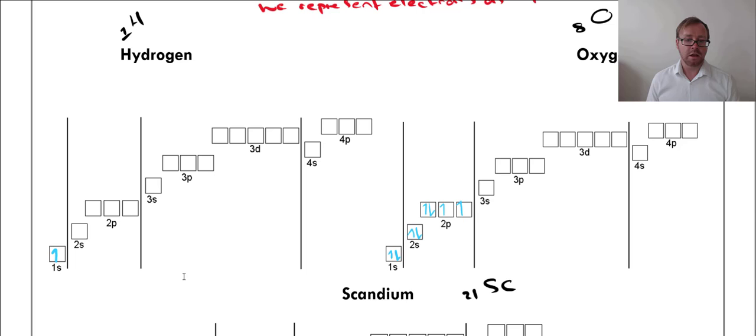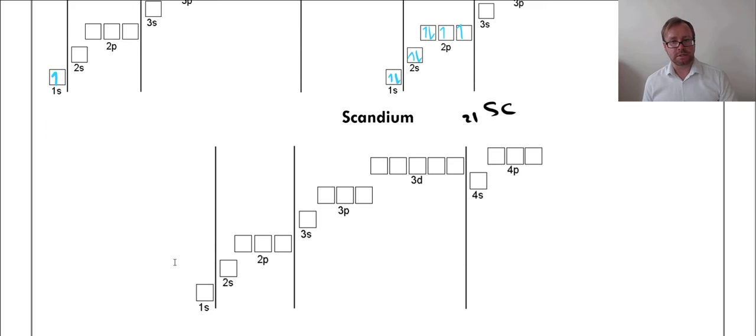Okay, for scandium. Scandium has an atomic number 21, so we have 21 electrons. Again, go through this a bit quicker. Look how I fill my 2p. I fill them separately, then I go back. This is so you don't make a mistake by pairing them up when they shouldn't be paired. Now, when I've got to here, something slightly strange happens, as we said by our order of filling.